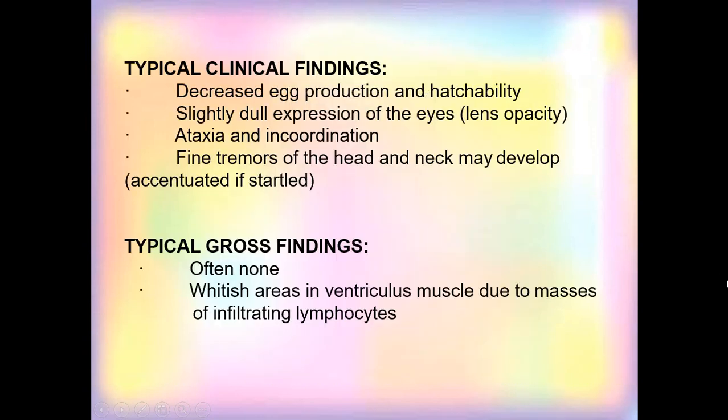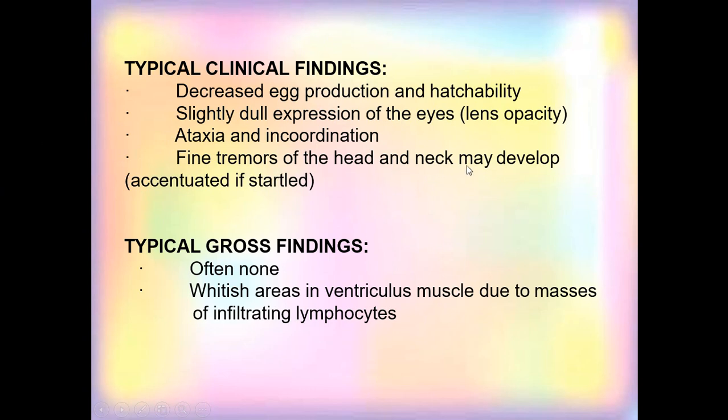So the typical clinical findings here are ataxia, which means they cannot move easily in coordination, and also lens opacity due to optic nerve damage, and decreased egg production and hatchability, usually seen in the breeder. In newly hatched chicks there will be tremors of the head and neck.